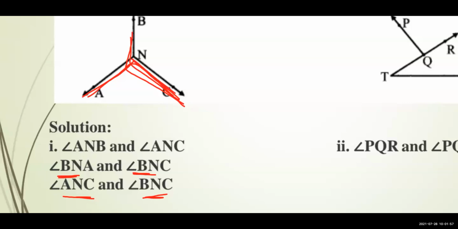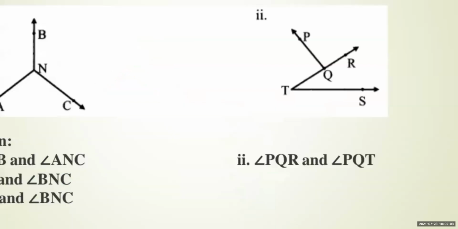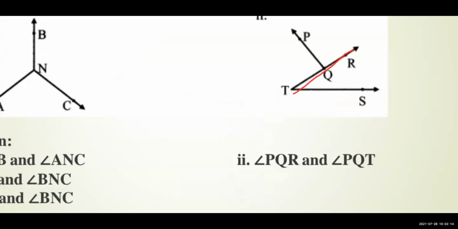In the second figure, you can see over here how it is drawn. Okay. In the second figure, you can see your angle is drawn, RTS, and here one ray is drawn, that is PQ. Now here how will you find out?